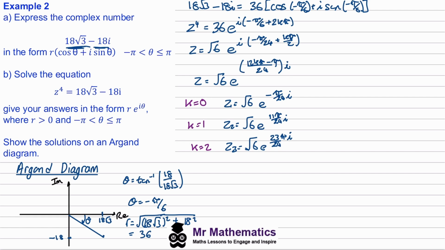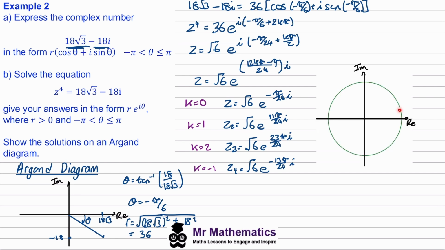So now we need to let k equal negative 1. So z4 will be the same radius. We'll get negative 12 pi, take away another 1, so negative 13 pi over 24 i.